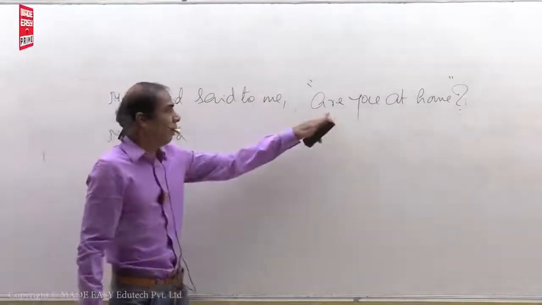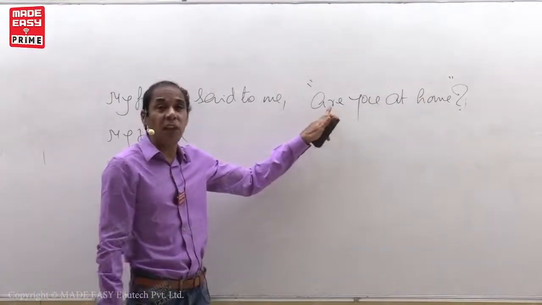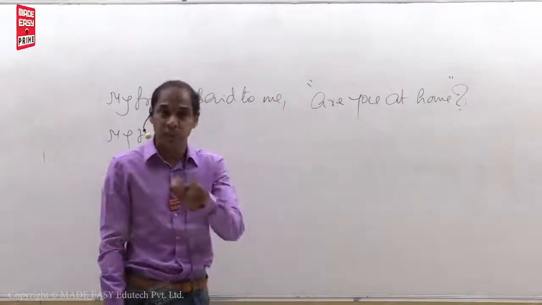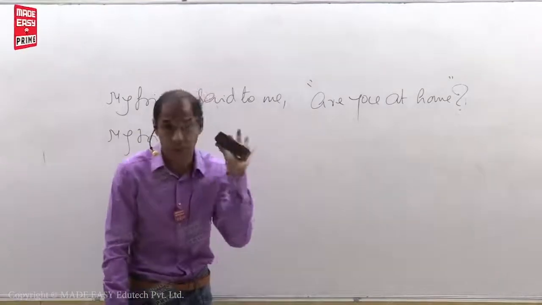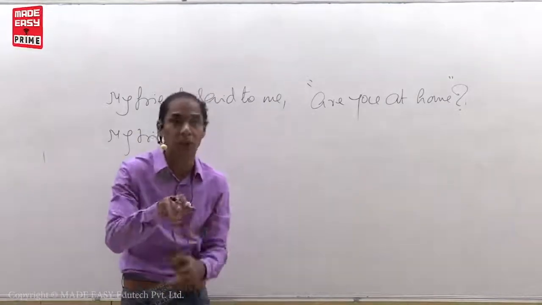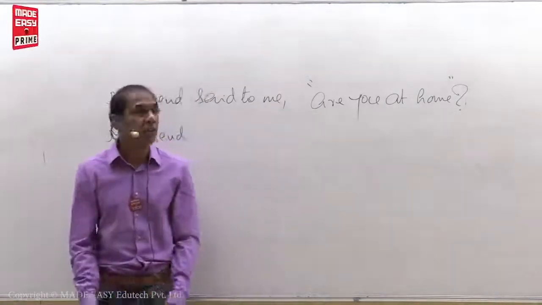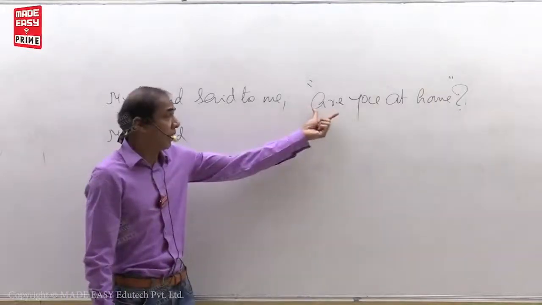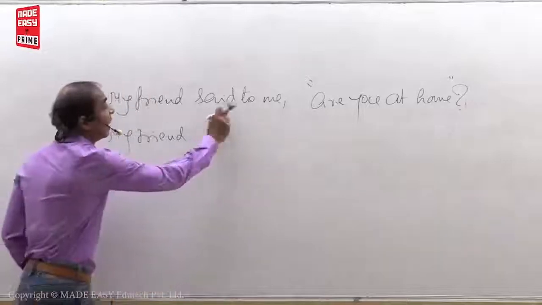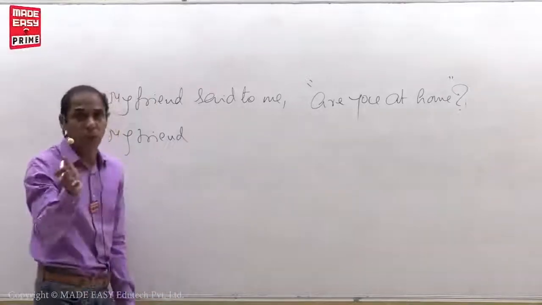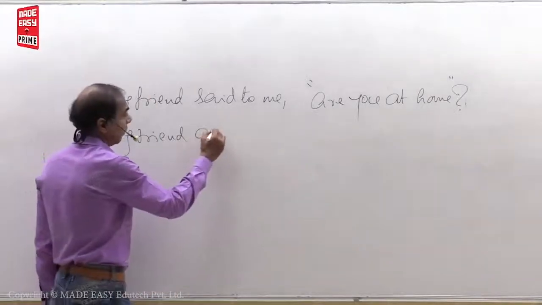See, when the direct speech begins with the special verb. Special verb means I gave you the list of 24 special verbs. I'm sure that you do remember. Right? See, when the direct speech begins with the special verb, what is the first rule? Said or said to. Both will change as asked.